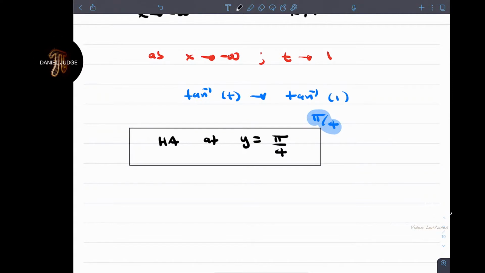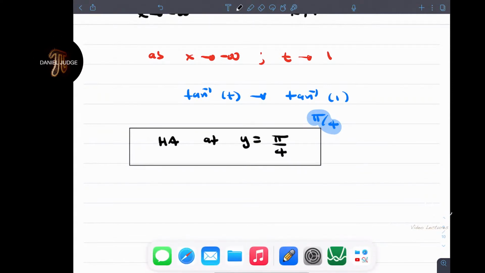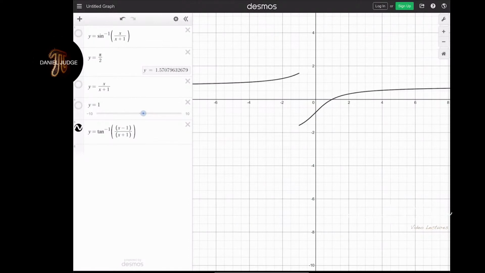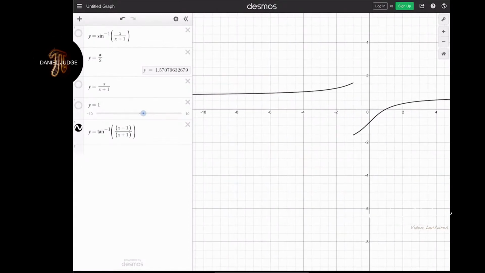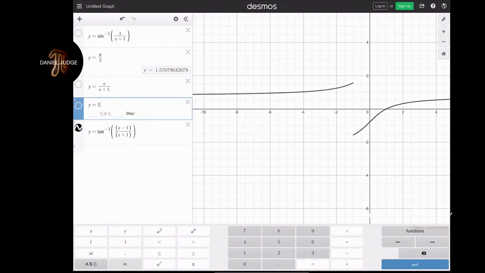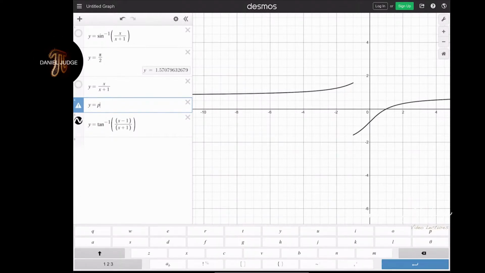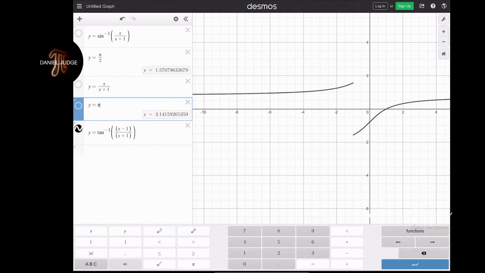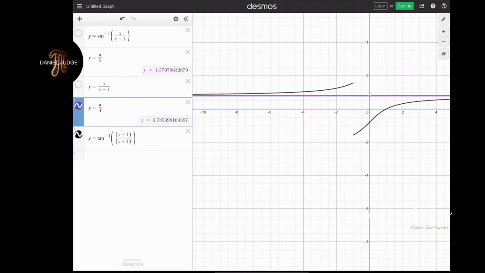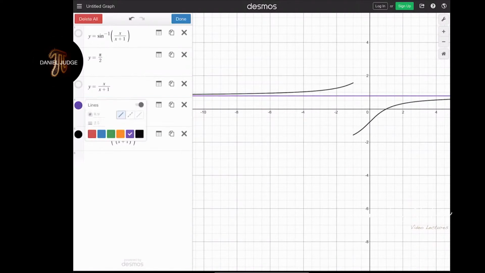So let's verify that with the graph in Desmos here. So I'm going to put here y equals pi over 4, and I want that to be dotted.